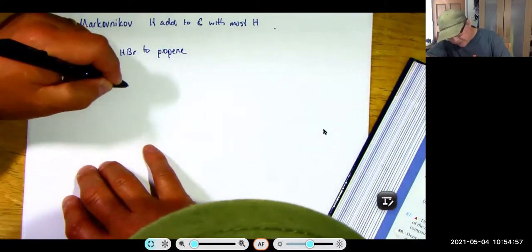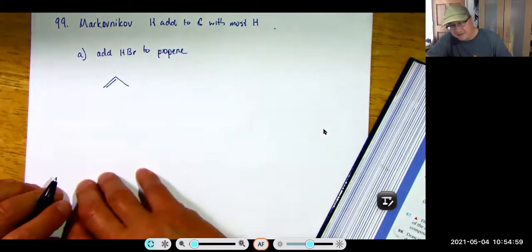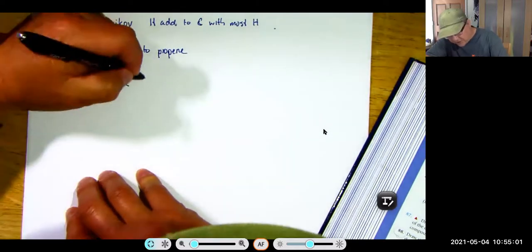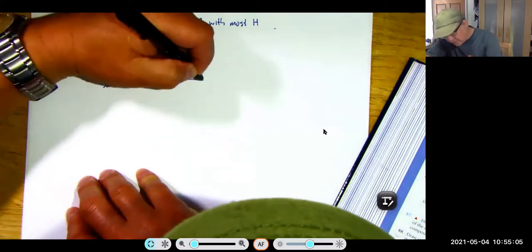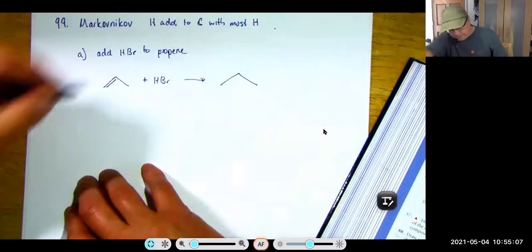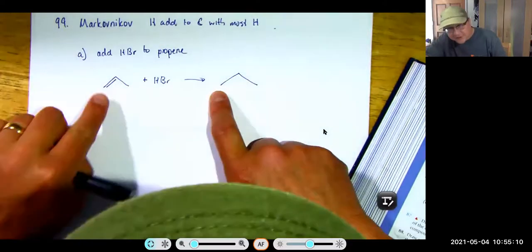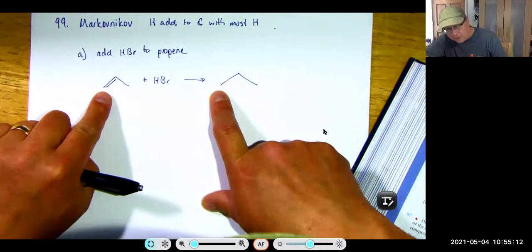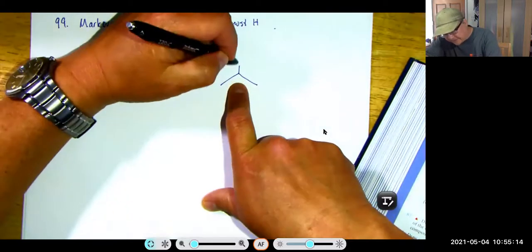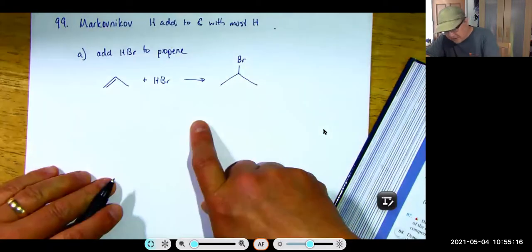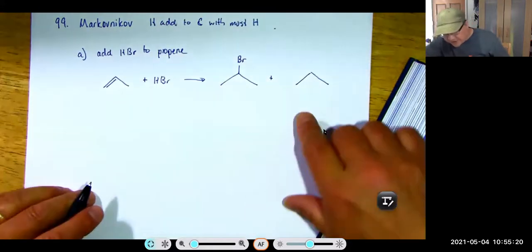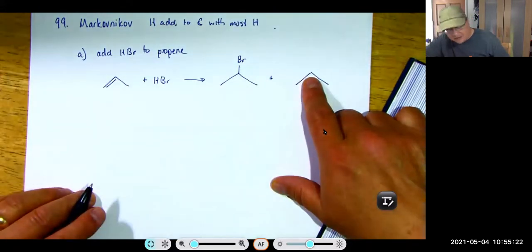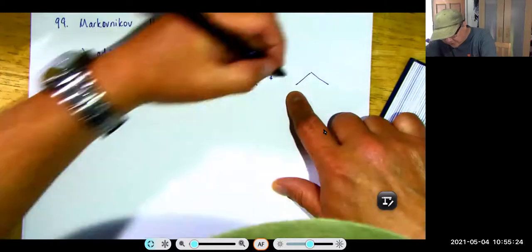So do we agree that this is propene? So we could get two products here. One product could be where the hydrogen adds to the first carbon and the bromine to the second. The other product could be that the hydrogen adds to the second carbon and the bromine adds to the first.